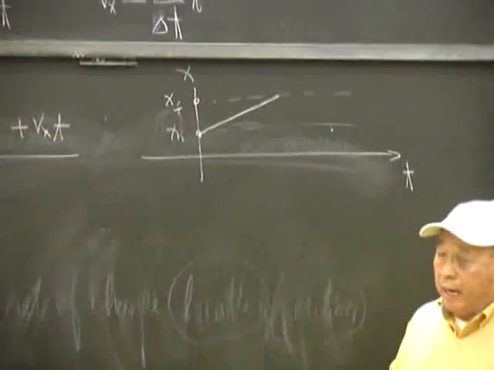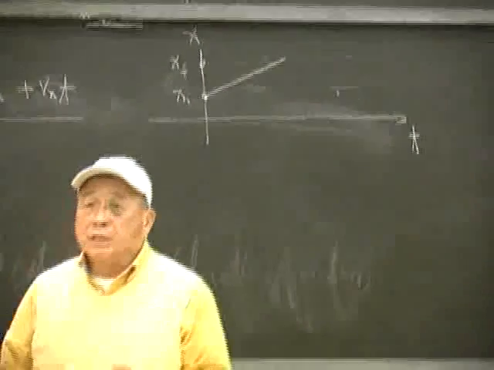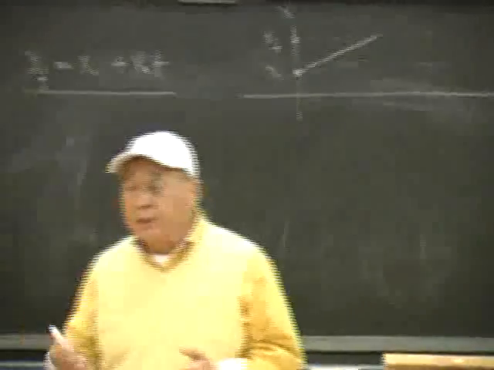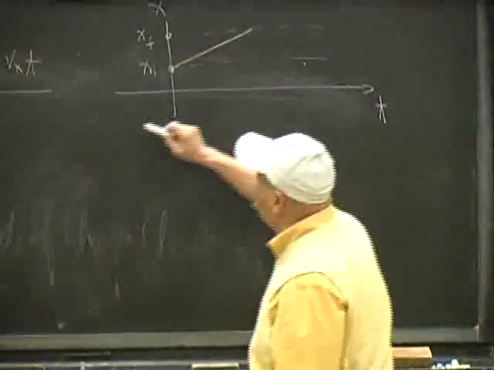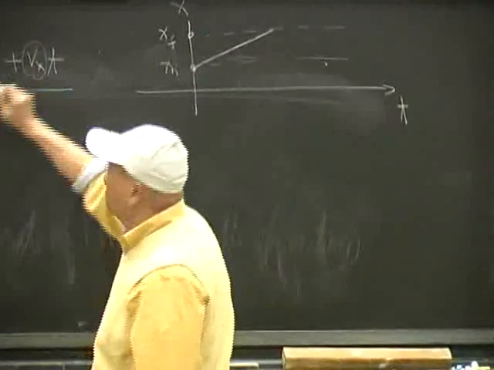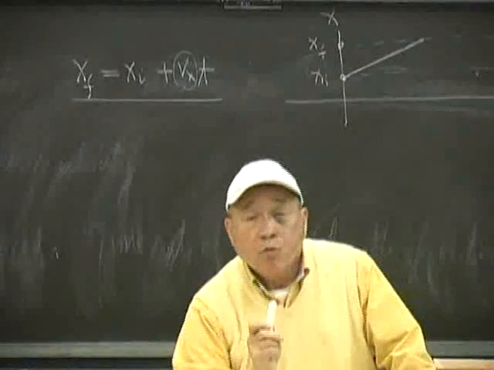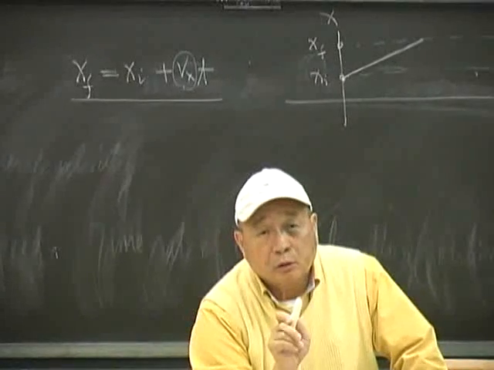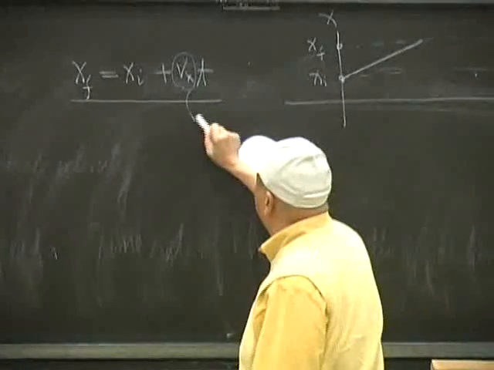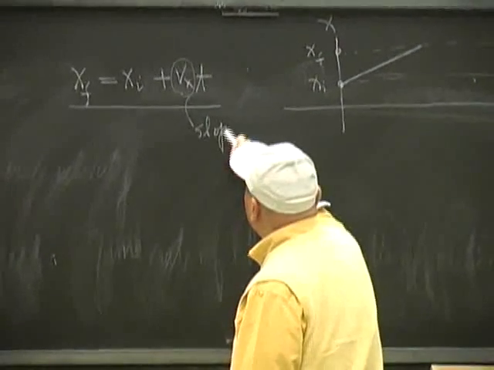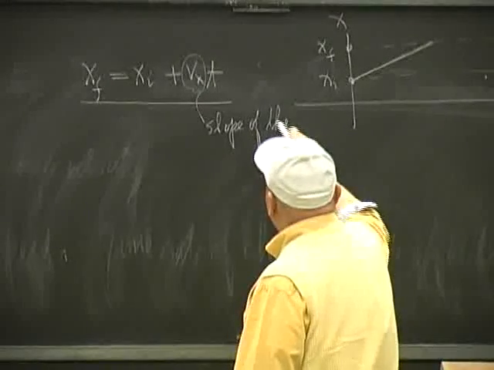So this is a straight line. In math, if we want to express this equation, what is v sub x? V sub x is related, on the graph, to the slope of the line.